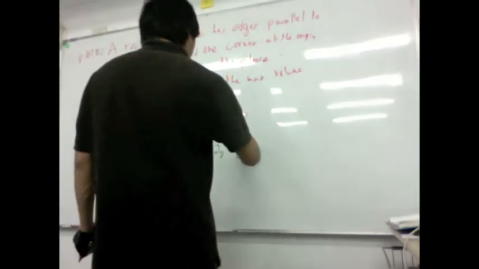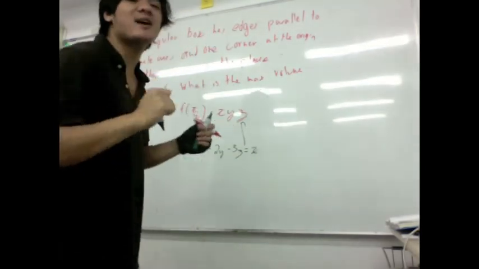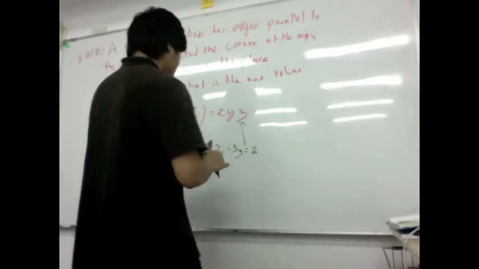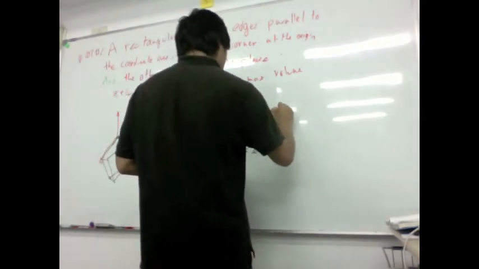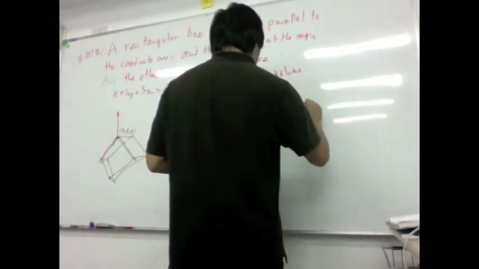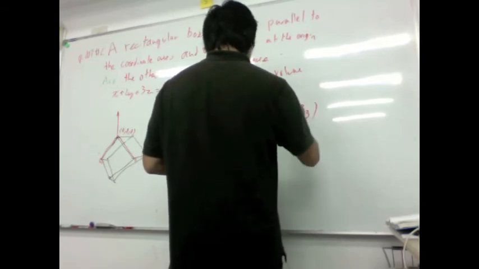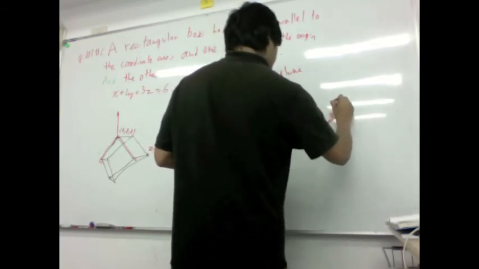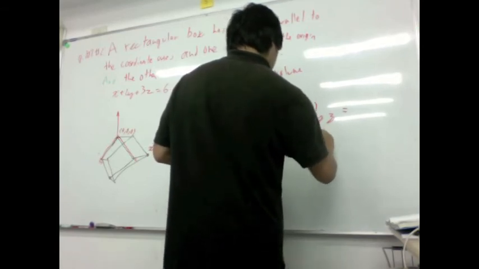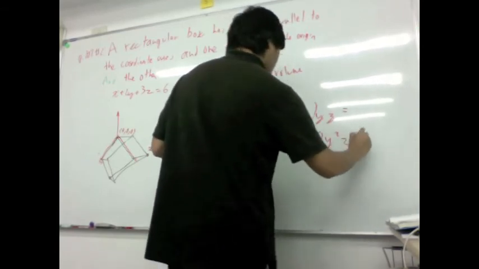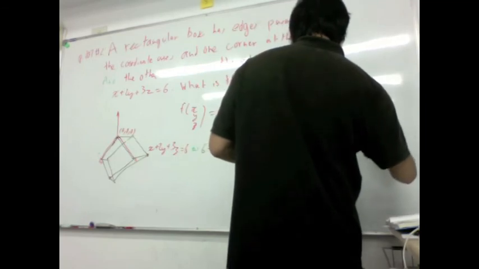So the function you're optimizing is not x, y, z. It's actually plugging in for x. So it's going to be 6 minus 2y minus 3z times yz, which equals 6yz minus 2y squared z minus 3yz squared.